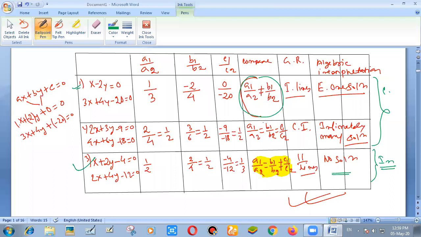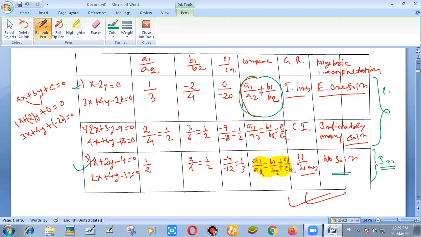Intersecting lines. Yes, that means they are intersecting lines and they are consistent, yes or no? Yes. The question asks whether the following linear equations intersect at a point, are parallel, or coincident.